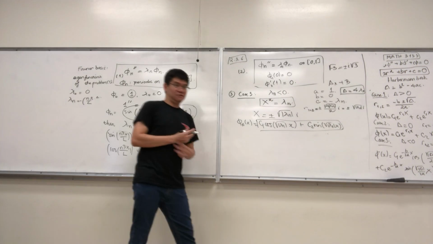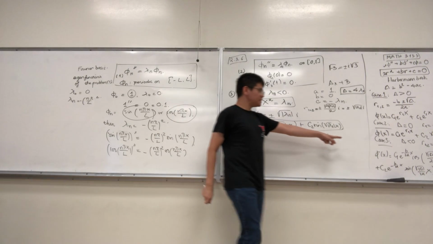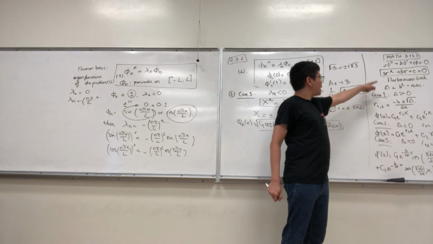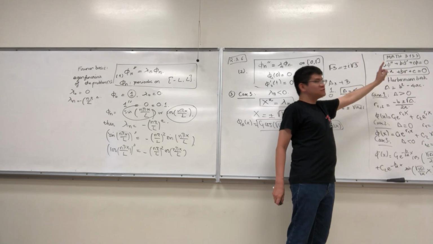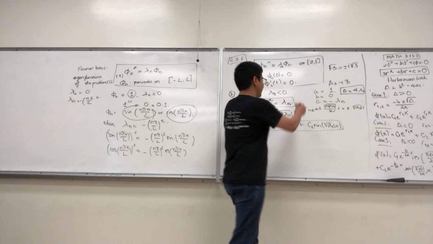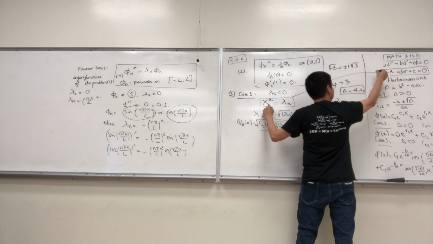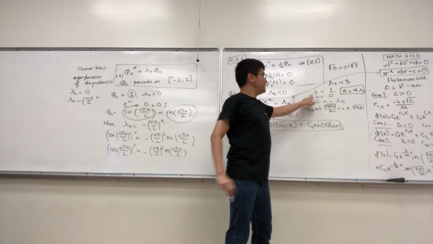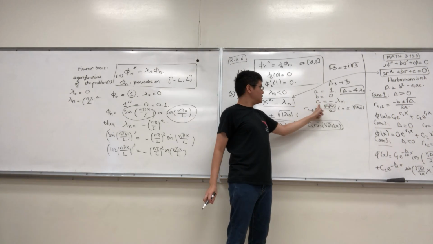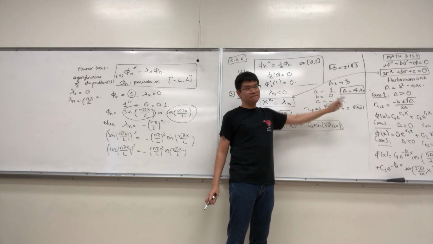So I explain again another time. In this case, delta is negative. I have a r squared plus b r plus c equals 0, so I compare the two equations. Now a is going to be 1, b is going to be 0, and c is going to be lambda, right?